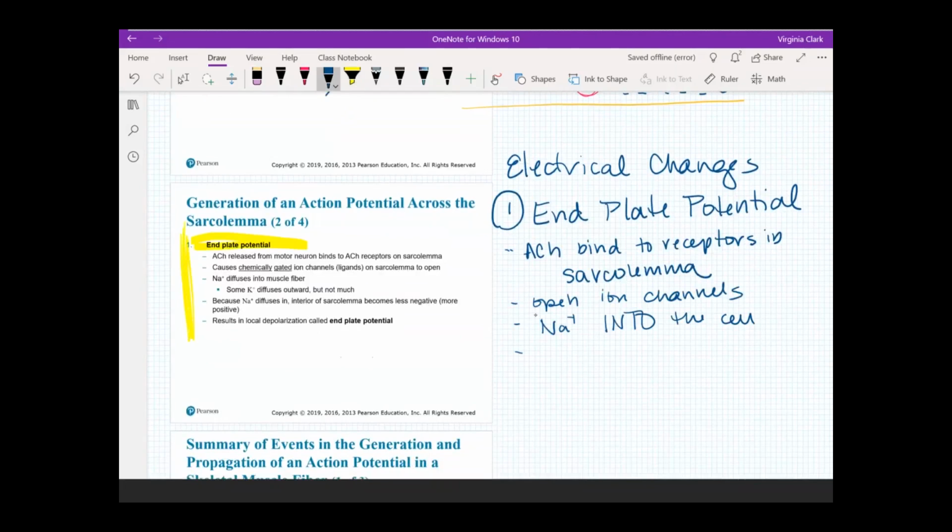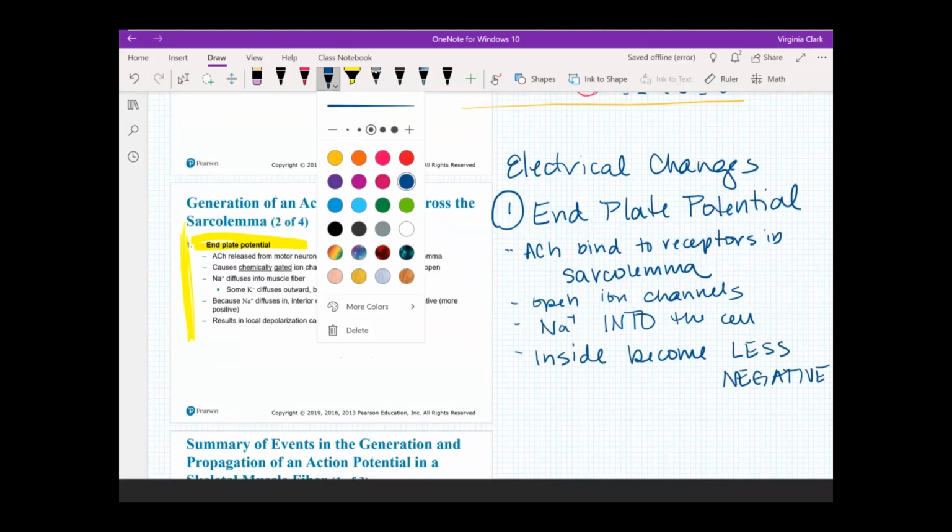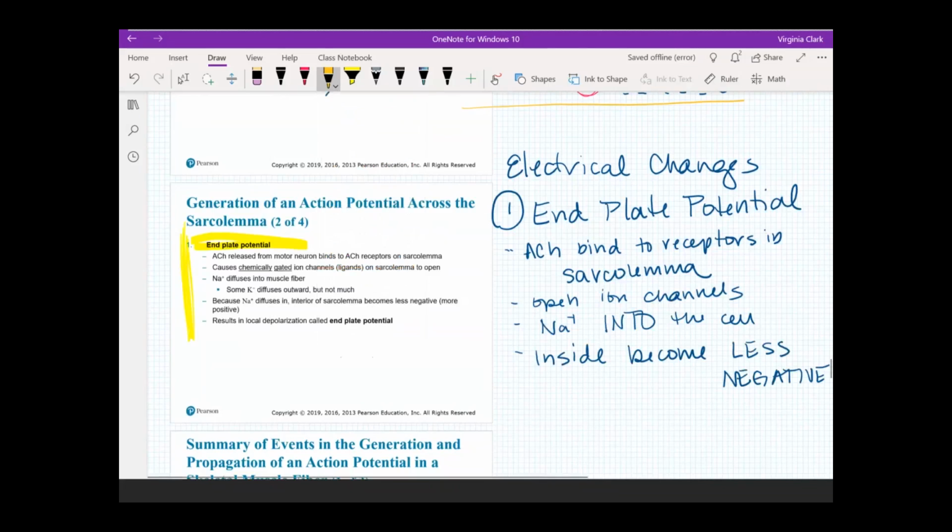Now here we go. When sodium moves into the cell, the inside will become less negative, or you can call it more positive. Remember, here's our out, here's our in.